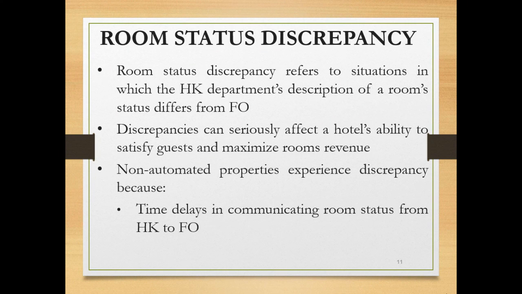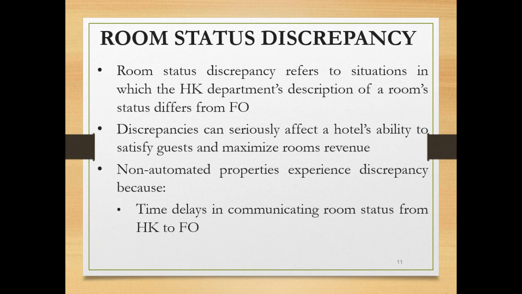This is a situation that refers to where the housekeeping department description of room status differs from FO. For example, when you are at the housekeeping, you see the room status is still OD or occupied dirty. Okay.